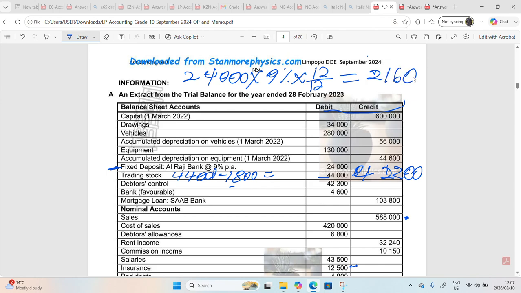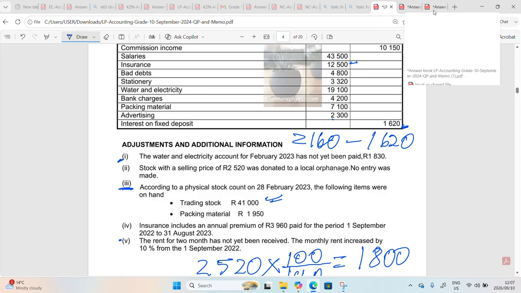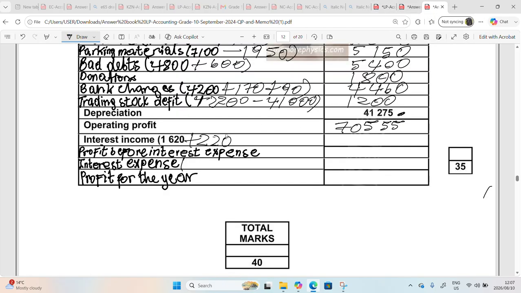So the interest for the entire year is 2,160. So here's what you need to do as well. You take that 2,160 minus 1,620, and then you should get your outstanding interest. Go and add the outstanding interest of 540.